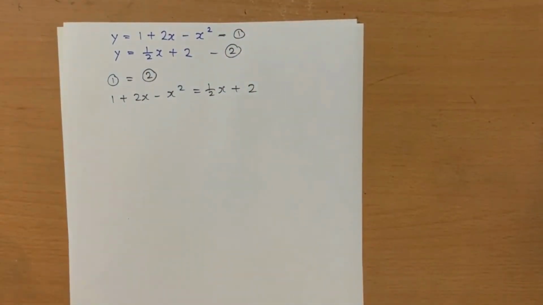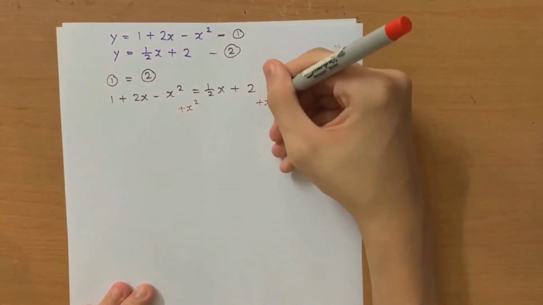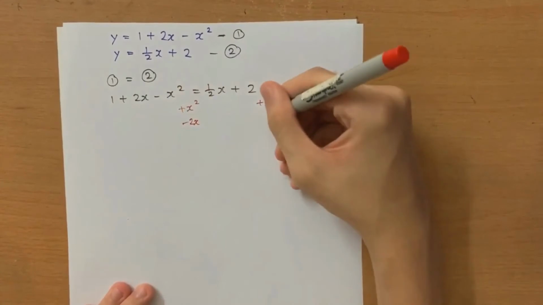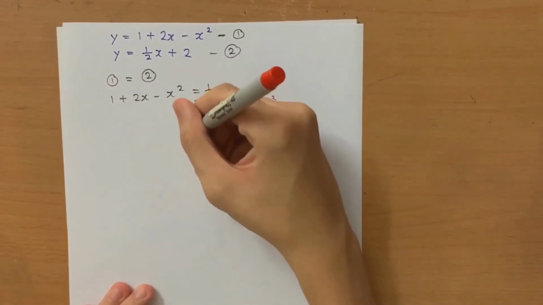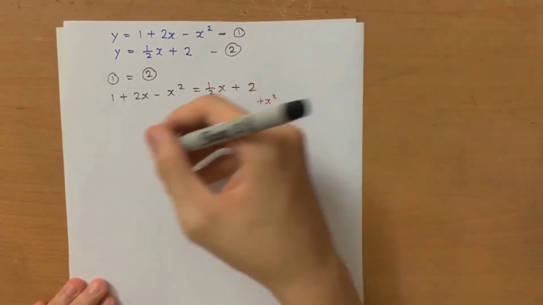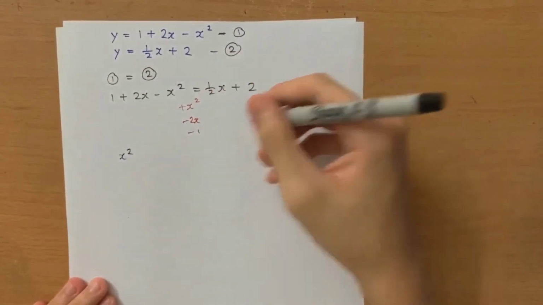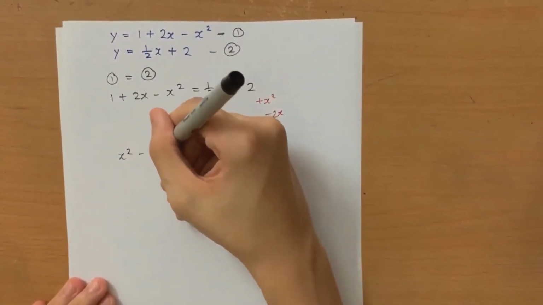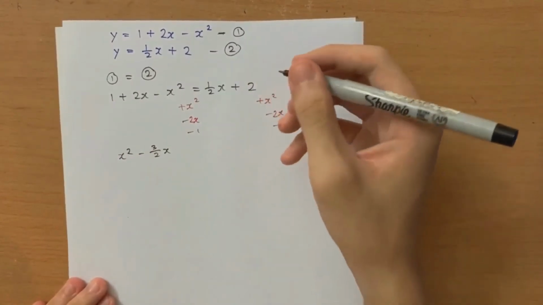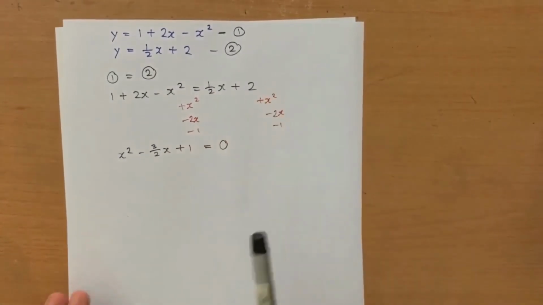And now we are going to add x squared, subtract 2x, and subtract 1. Now the left hand side will be 0. On the right hand side it will be x squared plus half x minus 2x, minus 3 over 2x, 2 minus 1 plus 1, and that is equal to 0.